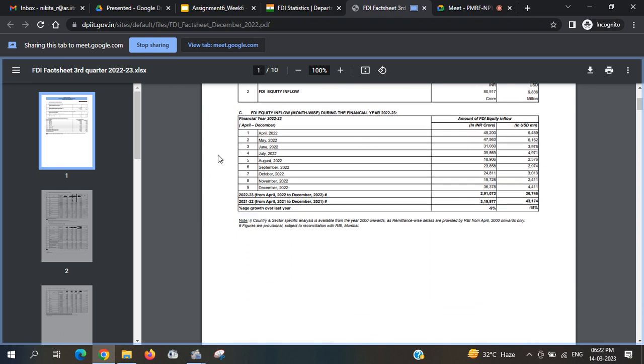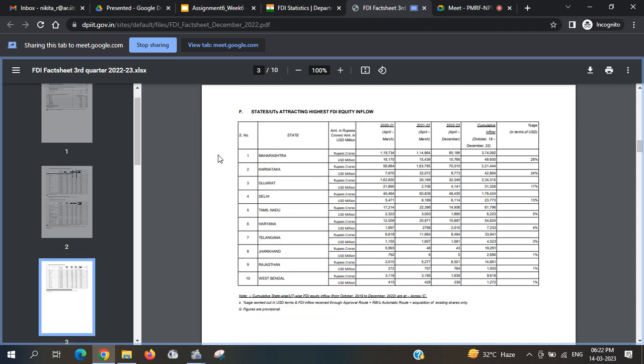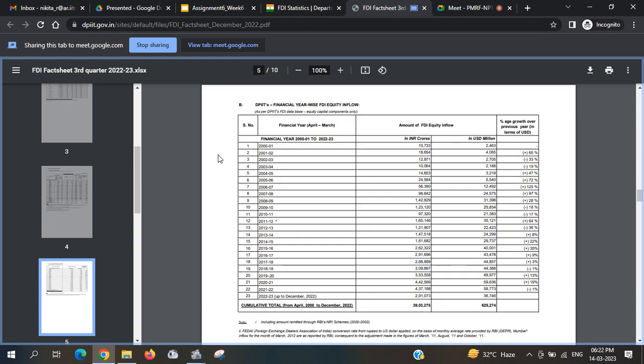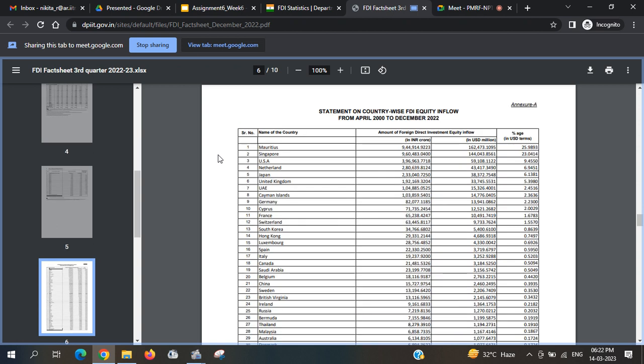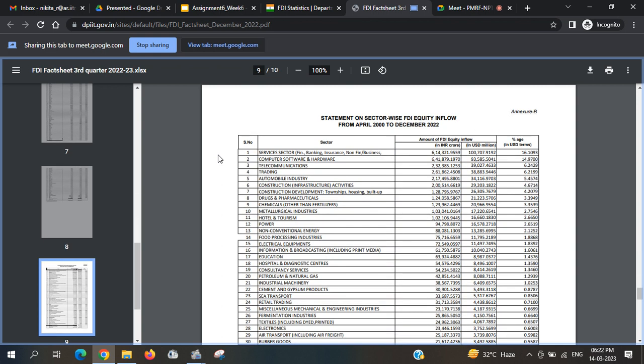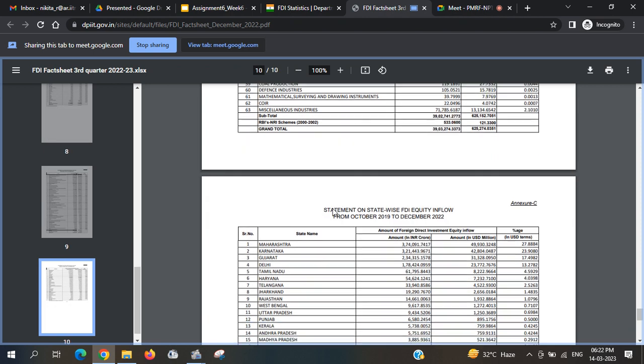So you can see the FDI flow in the country. You can see FDI from different countries, what amount of FDI has been received, and the inflow in Indian currency and in USD. Another important thing here is you can see sector-wise how much FDI equity is inflowing into the country: the service sector, computer software and hardware, trading, telecommunication, automobile industry, drugs and pharmaceuticals, everything.